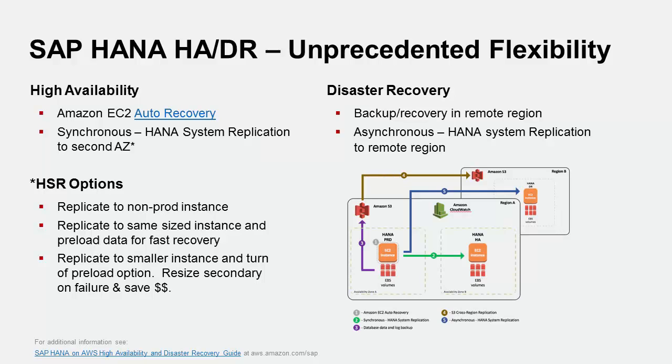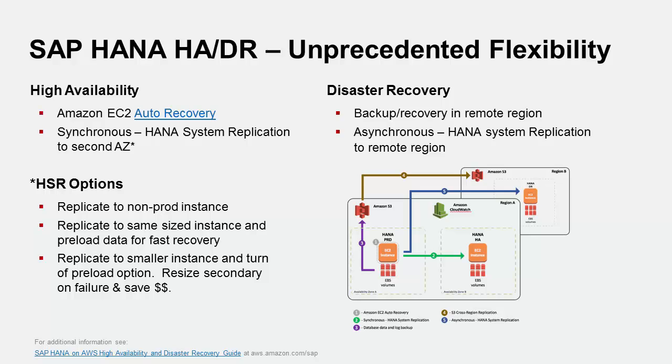AWS provides unprecedented flexibility for HA and DR for SAP HANA. One of the built-in services of the Elastic Compute Cloud is EC2 auto recovery, which, if your instance or underlying physical host becomes impaired, can automatically restart your HANA instance on another physical server within the EC2 fleet.